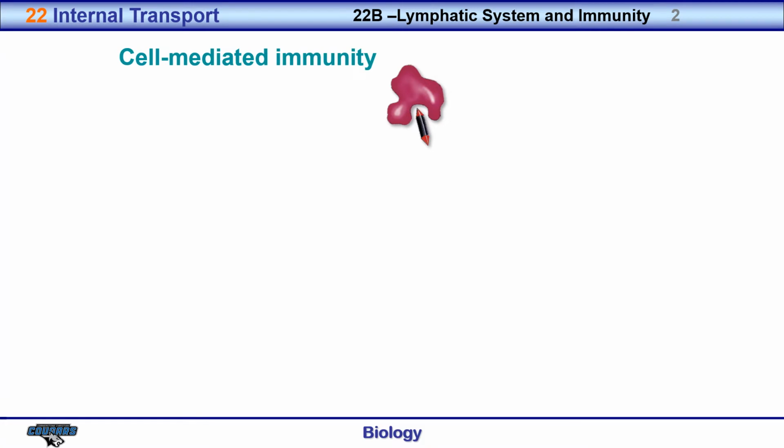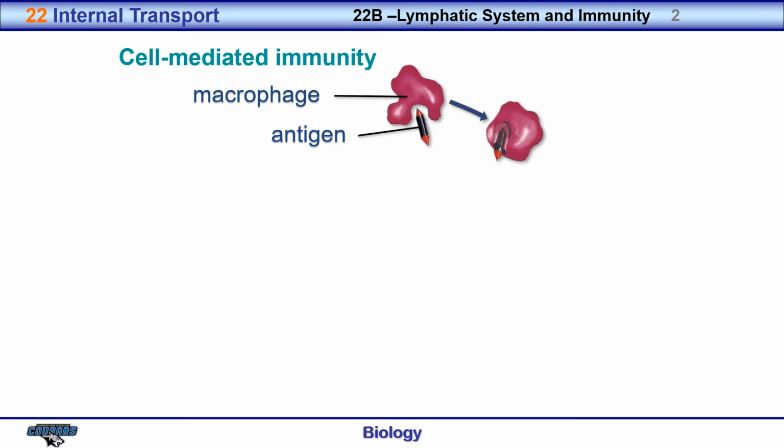So in this diagram here we have the macrophage getting ready to eat an antigen. So that's the macrophage, and that's the antigen. And then where you can see the antigen inside the macrophage, that will become the antigen macrophage complex.